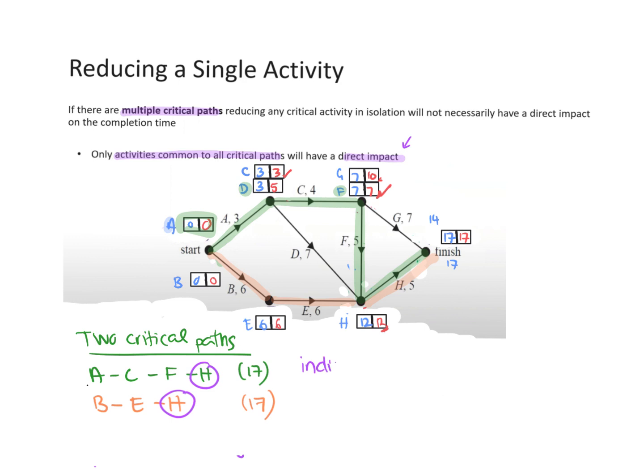So individually, A, C, F, B, and E won't affect the critical path if we crash one.